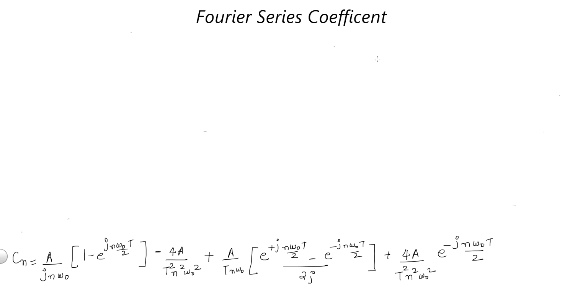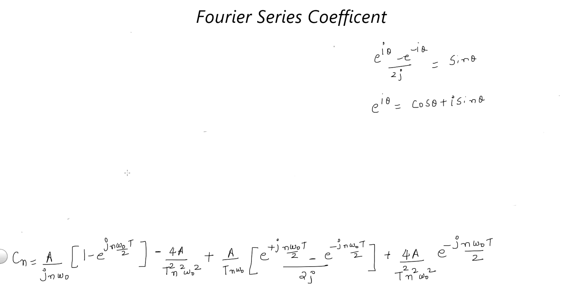Now using this identity, (e to the power i theta minus e to the power minus i theta) upon 2i is equal to sin theta, I am using this for this term. And e to the power i theta is equal to cos theta plus i sin theta.